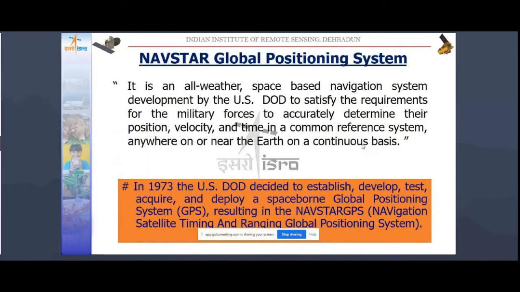In 1973, the US Department of Defense decided to establish, develop, test, acquire, and deploy a space-borne global positioning system (GPS), resulting in the Navstar GPS. We also call it Navstar GPS, which means navigation satellite timing and ranging global positioning system.